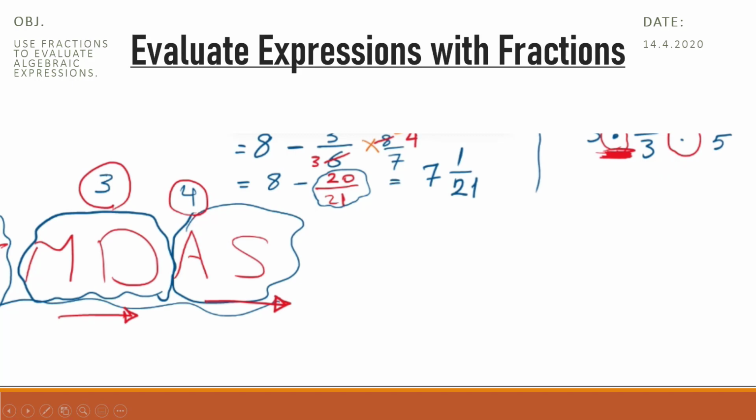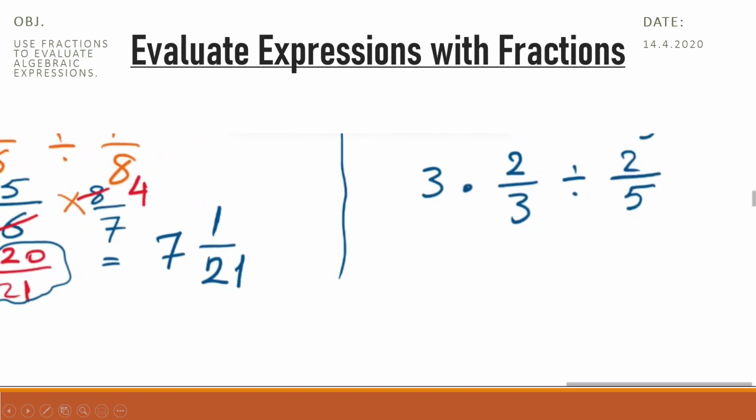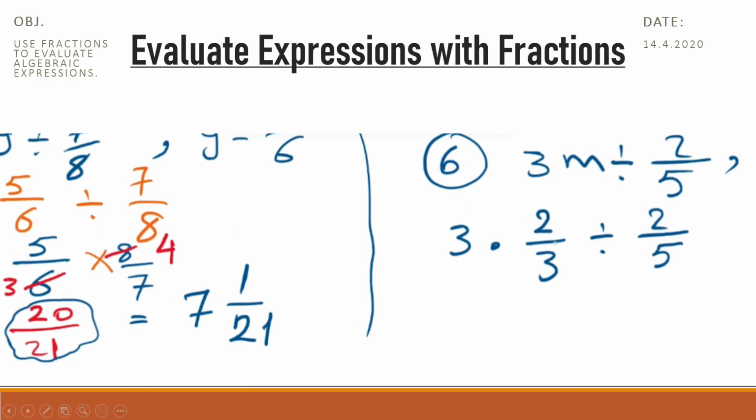Let's do this. Three multiplied by 2/3, we have here denominator 1, and 3 divided by 3 is 1, 3 divided by 3 is 1, so it's 1 multiplied by 2, which is 2, and 1 multiplied by 1 is 1, so it's 2, divided by 2/5.